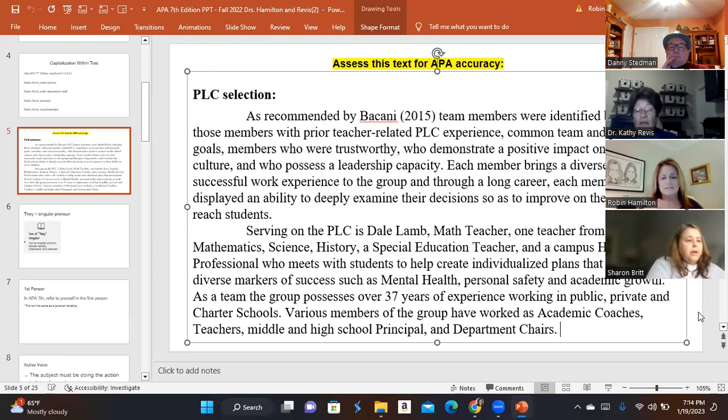I was also thinking about the fact that the subjects obviously don't need capitalization, English does, but they didn't name the proper name of the instructors. Yes, and that always helps make your PLC selection section more descriptive and more thorough.